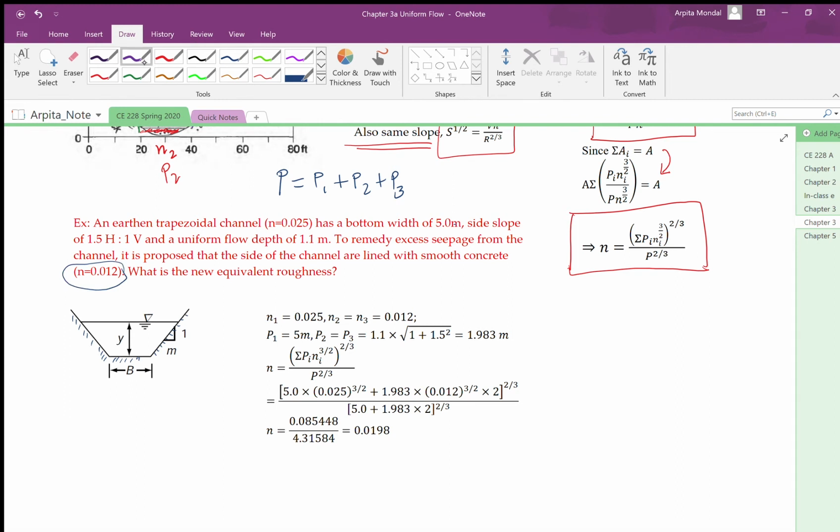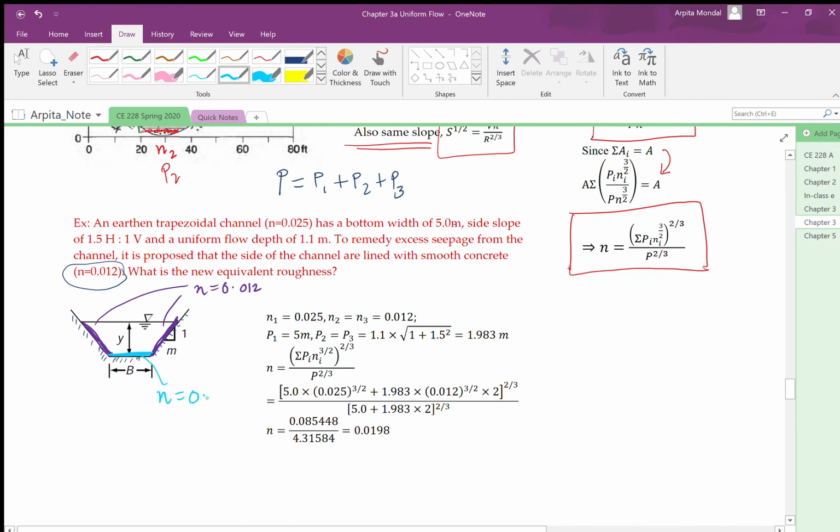So it is proposed to line these two sides with concrete, n equal to 0.012, whereas the bed bottom width continues to remain with earthen material whose roughness is 0.025. If we adopt such lining, then what would be the equivalent roughness coefficient?